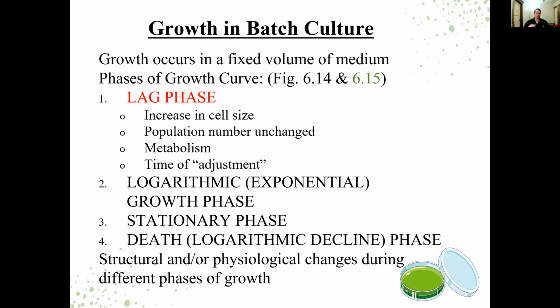They're getting ready to grow, adjusting to their conditions. They've recognized, for example, that the conditions are now optimal and good to grow in, and they use this lag period to get ready to start growing. This means that they will increase their cell sizes. They might adjust their metabolisms, and it's a time of adjustment for them.